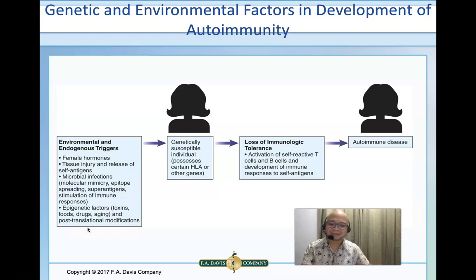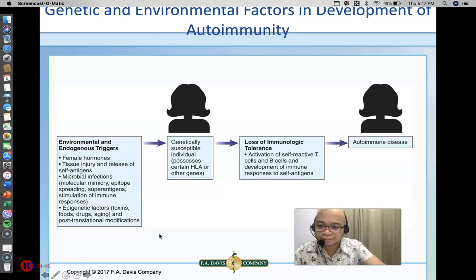So they resemble the molecular structure. So one example of that is Streptococcus pyogenes. Okay, and Streptococcus pyogenes, group A Streptococcus in particular, may cause rheumatic heart fever. Okay, so that's one example of molecular mimicry.